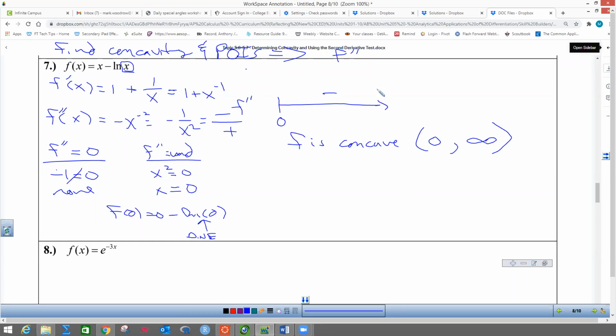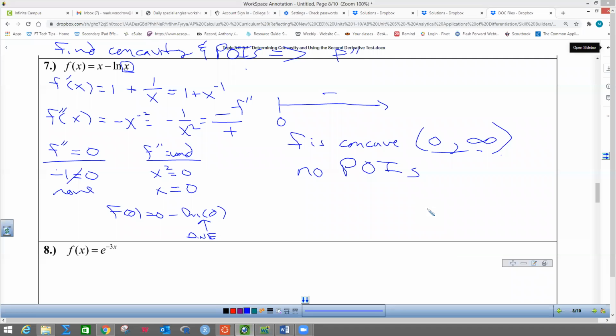This is concave down forever, and there are no POIs, because there are no critical numbers for there to be POIs.